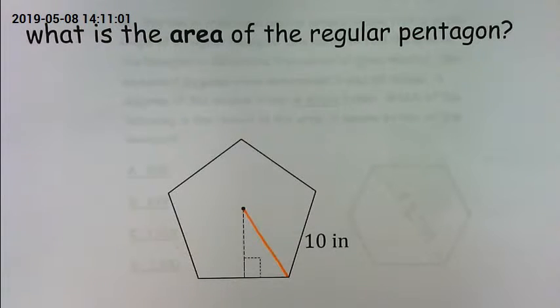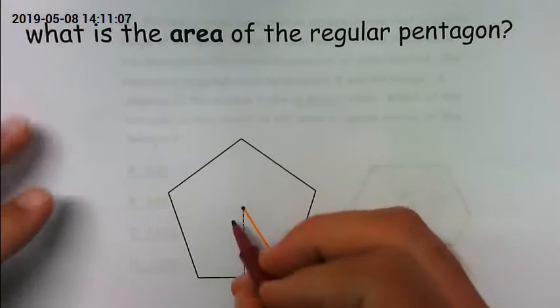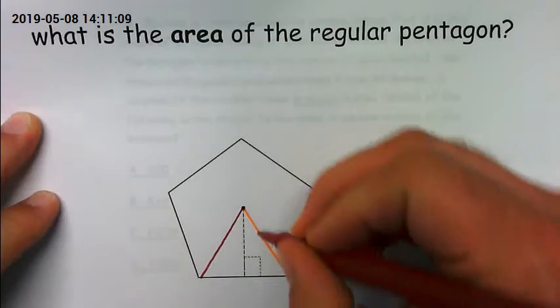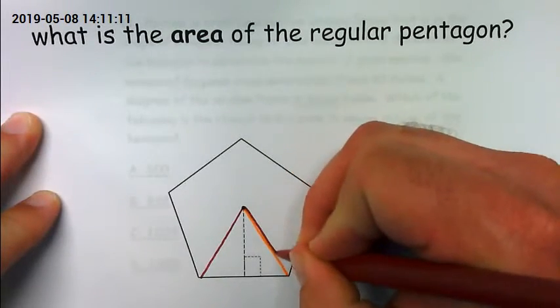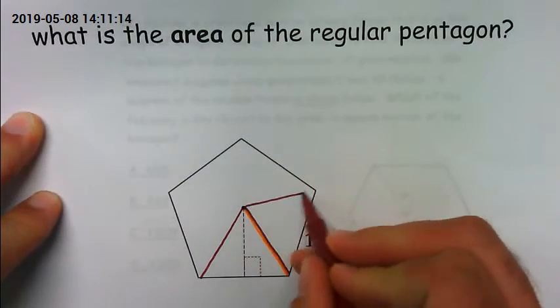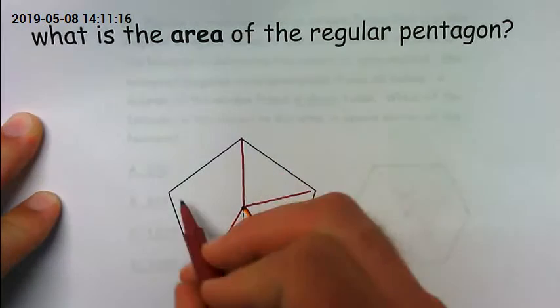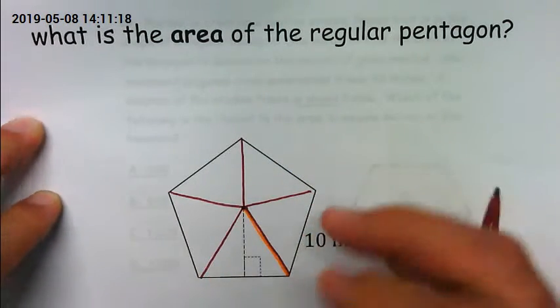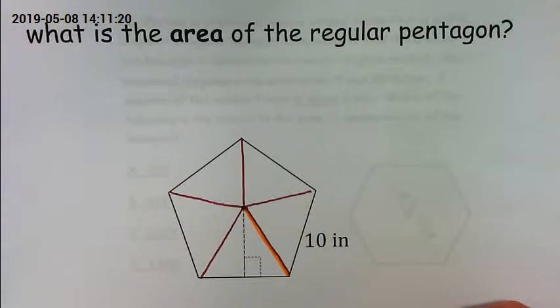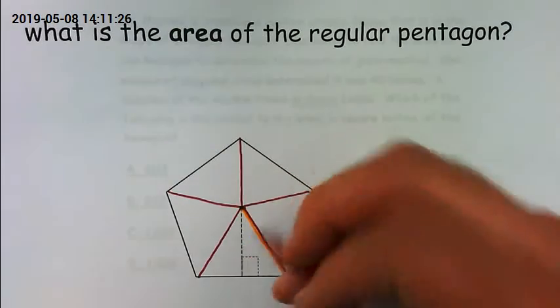You guys need a little help? Yes. Let's nudge you in the right direction. Let's first split this into not just that one triangle, but if I was to draw in all of these. Now, this is not a hexagon, so these are not equilateral triangles, but they still are isosceles triangles, and they're all congruent to one another.